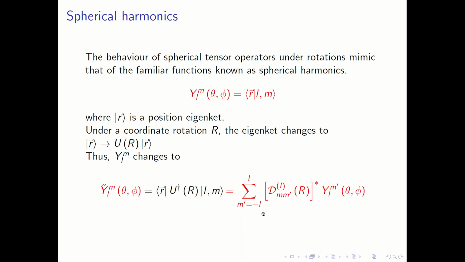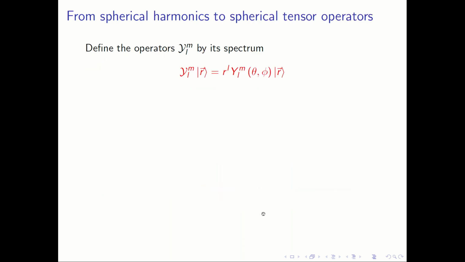And this gives us a very nice trick to find out some new spherical harmonics for ourselves. For this, what we do is define some operators. Well, curly Y_lm, which is an operator whose eigenstates are the position eigenvectors, and the eigenvalues are essentially the Y_lm(theta, phi) functions, but with an extra r to the l thrown in for convenience.